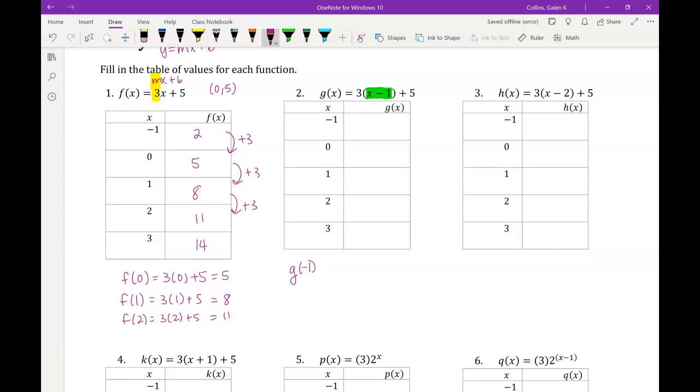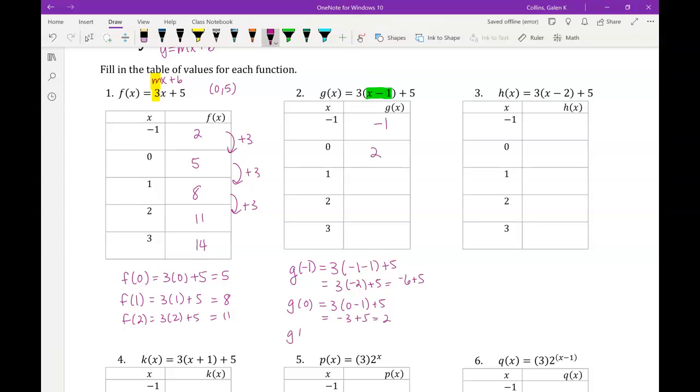If I substitute -1, I get 3 times -1 minus 1 plus 5. So that is 3 times -2 plus 5, which is -6 plus 5, which yields a -1. When I substitute 0 to evaluate g of 0, I get 3 times 0 minus 1 plus 5, which is -3 plus 5, which is 2.